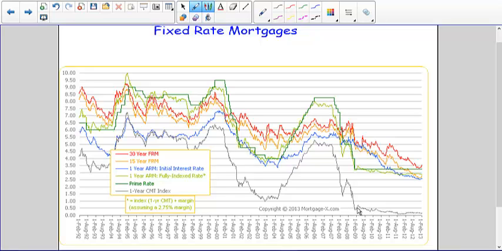And since 2009 till now, the interest rates have been historically low. And as a consequence, the mortgage interest rates have also been historically low. They haven't gone quite as quickly as the prime rate, but they have tended to keep going down, and you can only go so low.